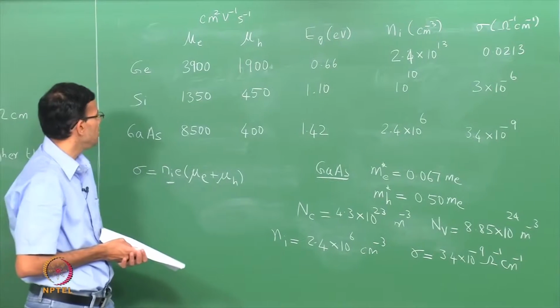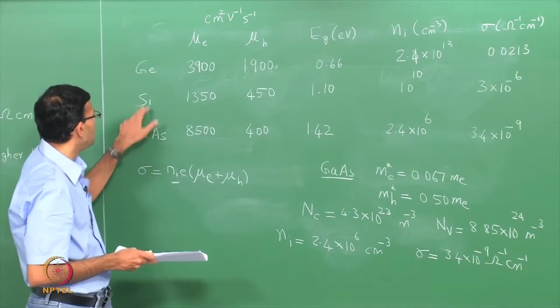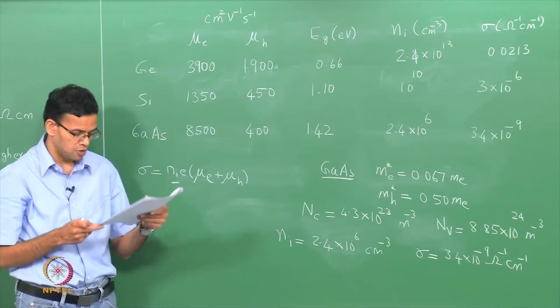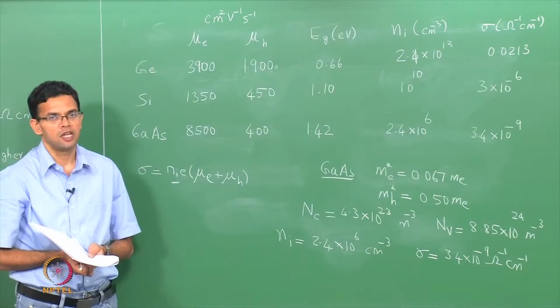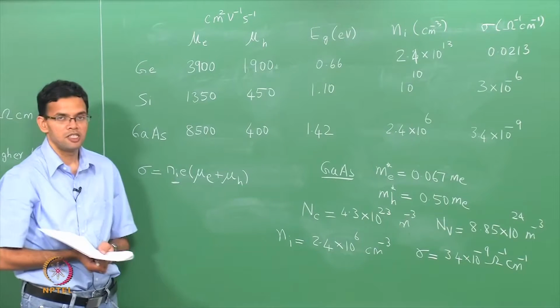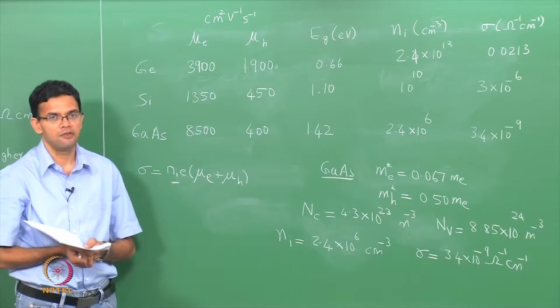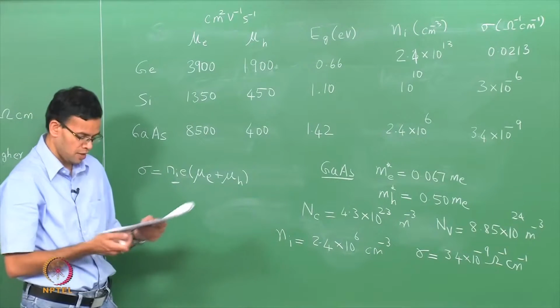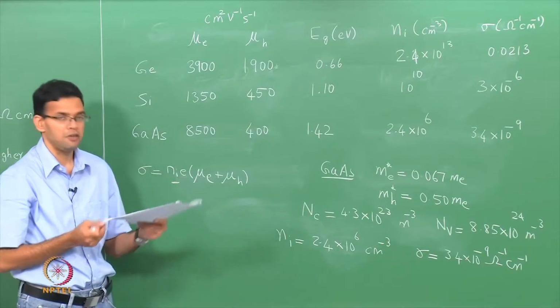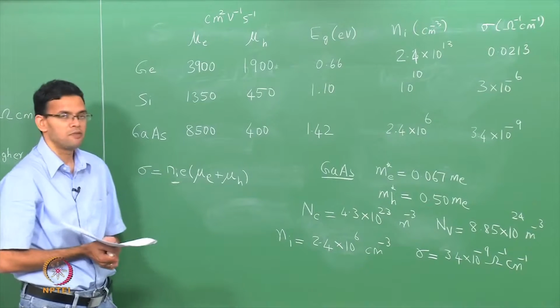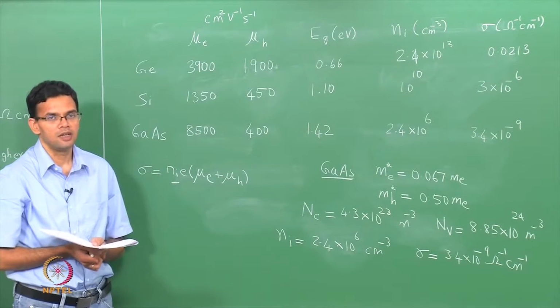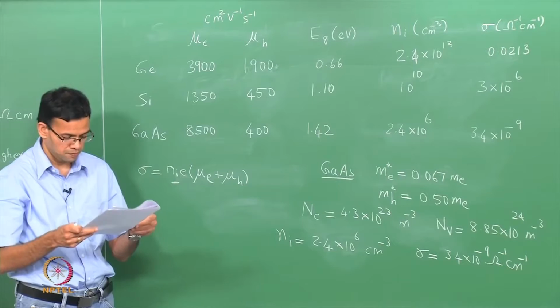More importantly, silicon is much more abundant than germanium. Silicon is the second most abundant element on earth, around 27%. Germanium on the other hand is the 50th most abundant element, its concentration is around 10 to the minus 6%. So, this is the reason why silicon has come to dominate the microelectronics industry.